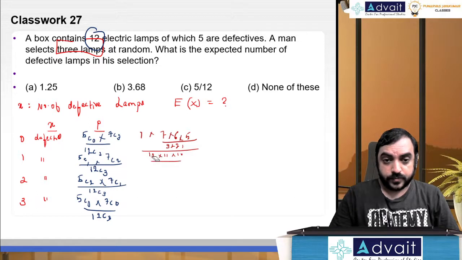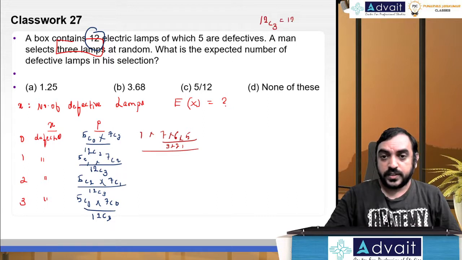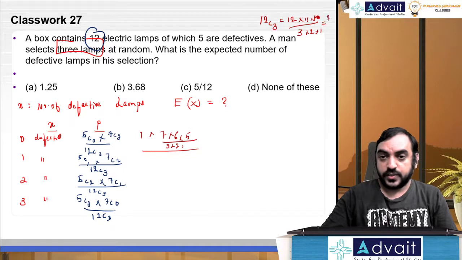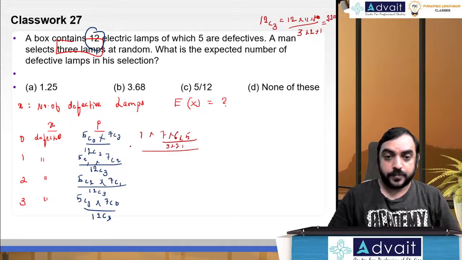I think 12C3 I'll write somewhere, because everywhere 12C3 is common. 12, 11, 10 by 3 by 2, that is 220. I think this 220 is common everywhere. So I'll divide by 220 directly.